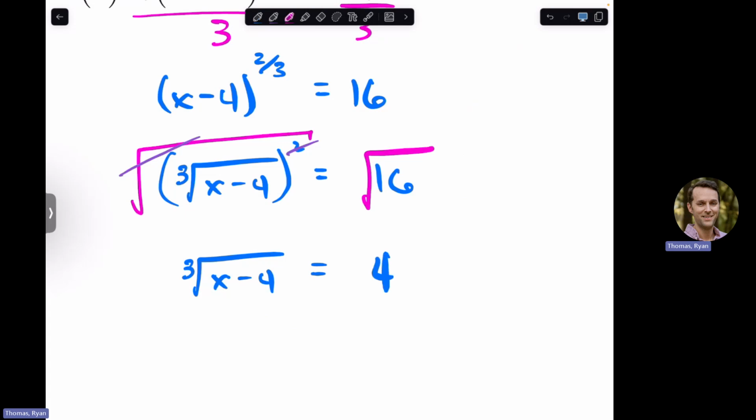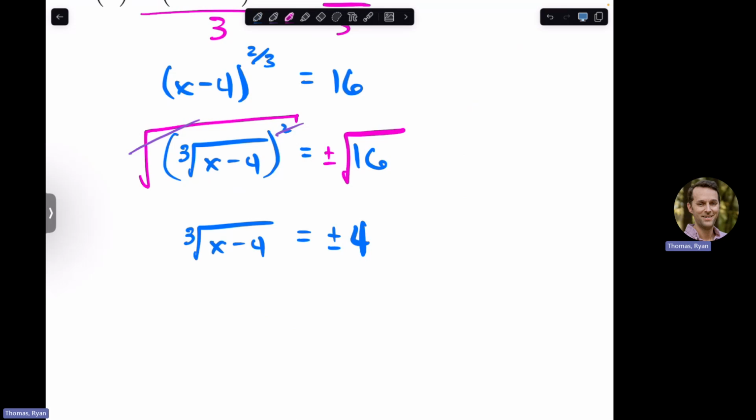But since we're the ones who decided to take the square root, we also pick up plus or minus. Right? Think about it this way. If something squared is 16, what could the thing be? Well, either 4 or negative 4. Right? Squaring either of those would give you 16. Okay.